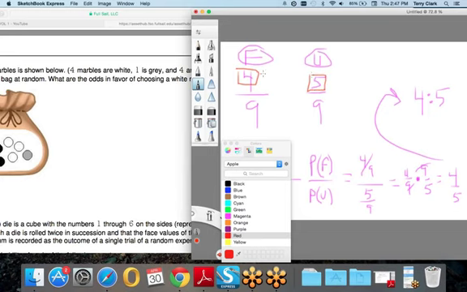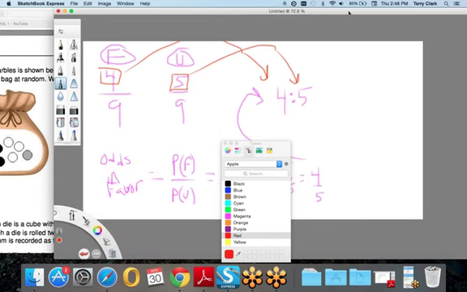And so we can also see right here that's 4 there, and right here is 5, 4 to 5. Okay, so you can pull it like that as well. But it's important to know the math behind it. Okay, and so it's 4/5.